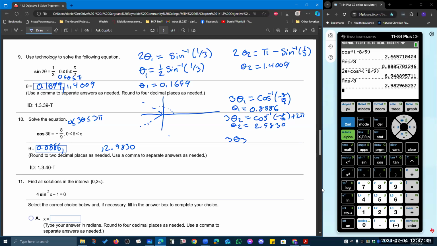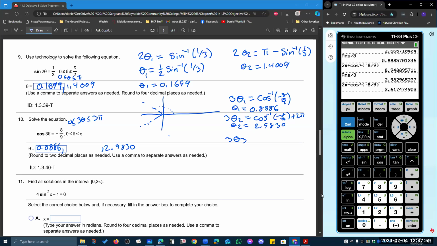So 2 pi minus arc cosine of -8/9 is what I did.